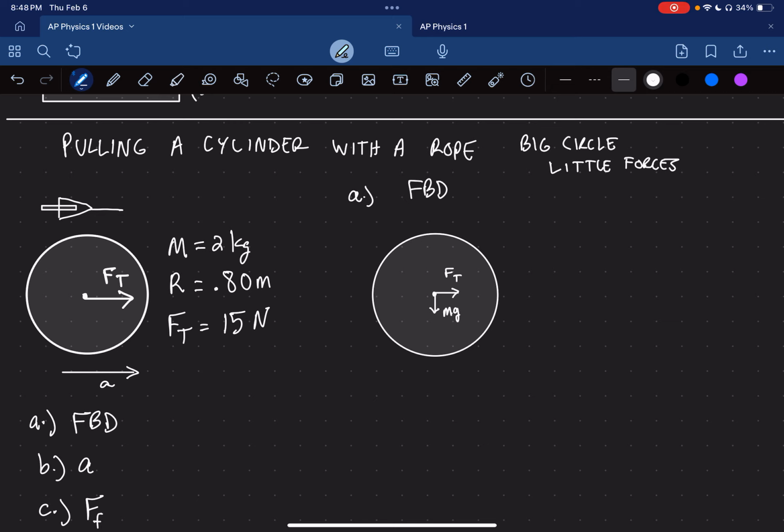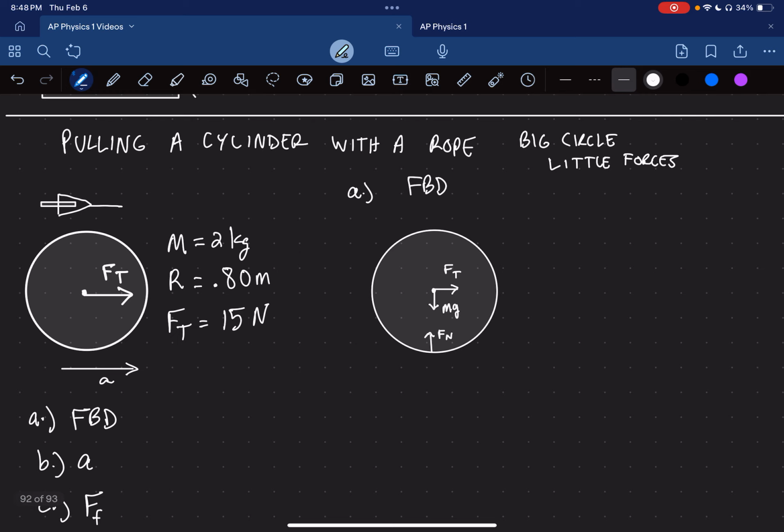Normal forces and friction forces act at the point of contact. So this cylinder is sitting on the ground. The ground will give it an upward normal force going up there, acting at this point of the wheel or the cylinder. And there is a friction force, which is here, going in this direction, friction force.